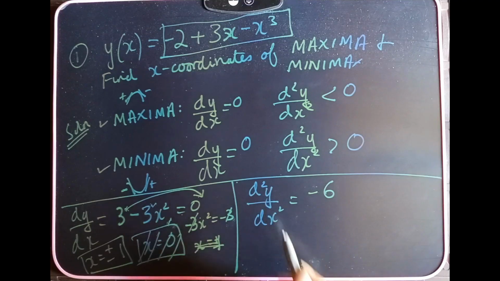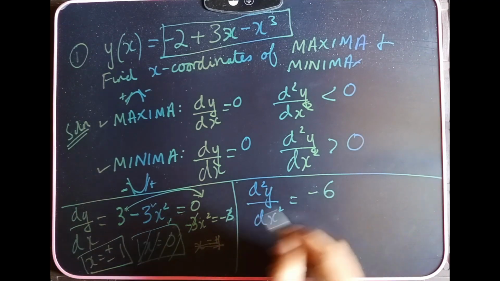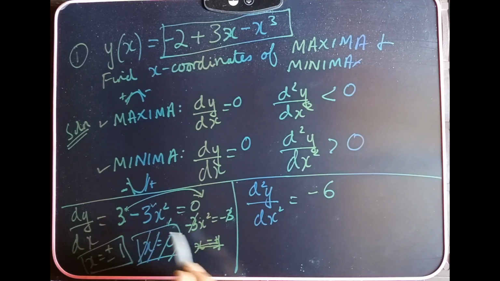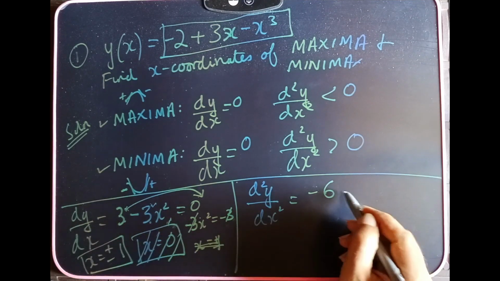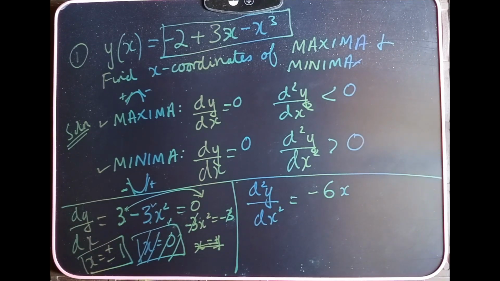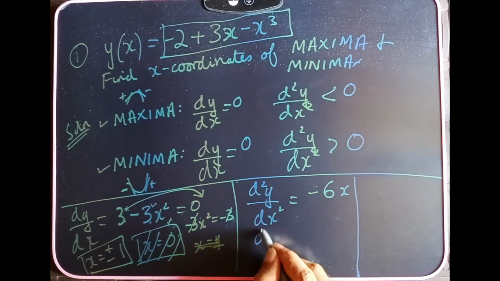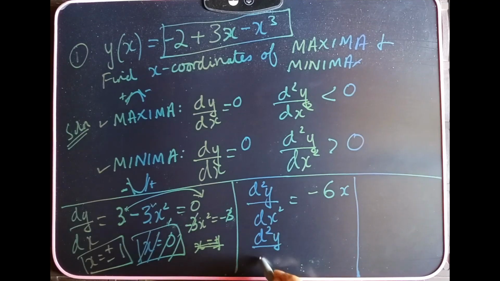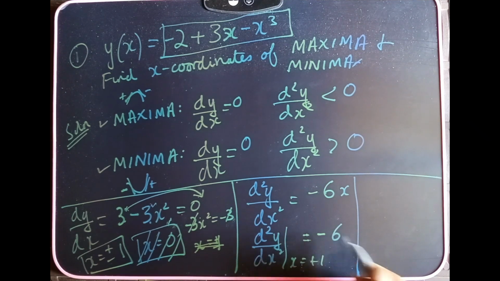Now by taking the double differentiation, the differentiation of 3 will become 0 and the differentiation of this will become minus 6x. So now let us find the double differentiation d square y by dx square when x is equal to positive 1. When x is equal to positive 1, it will become minus 6.